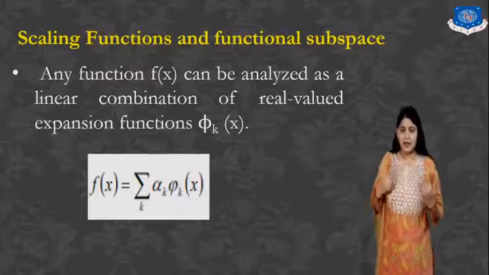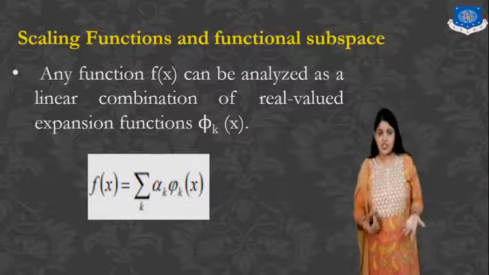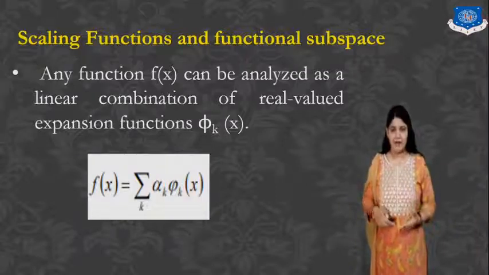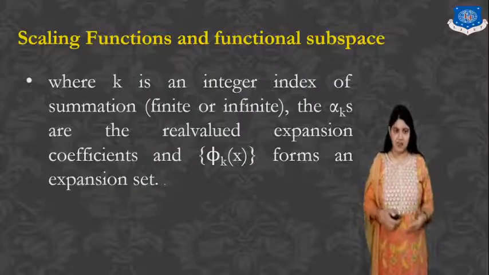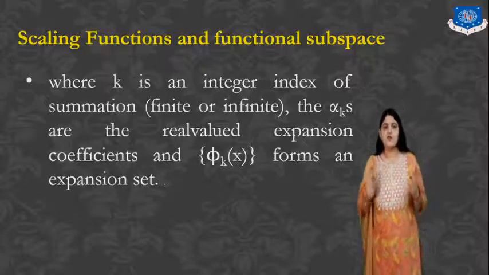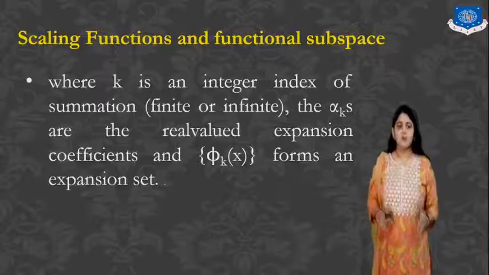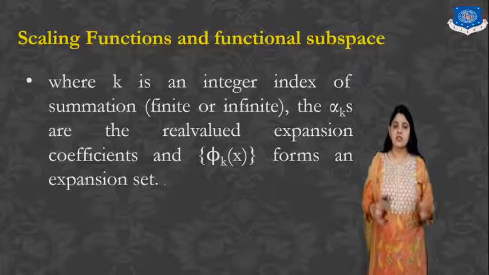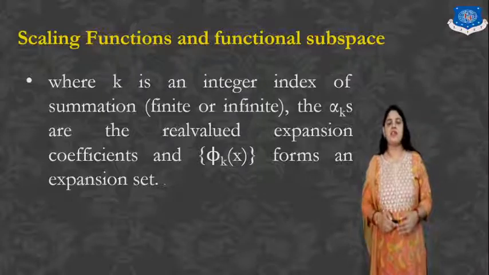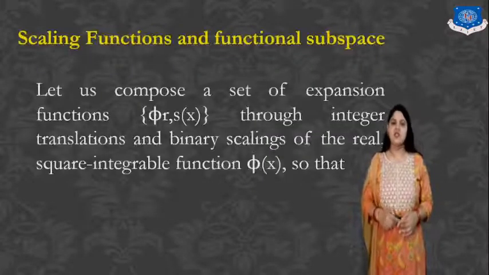Here we are multiplying by some factor, by which the image can be expanded. That is the function for the expansion, where k is an integer index of the summation, and the alpha k are the real valued expansion coefficients, which form the expansion set.